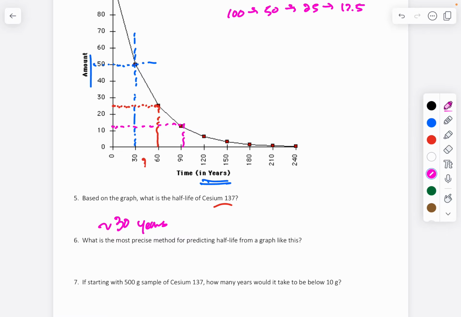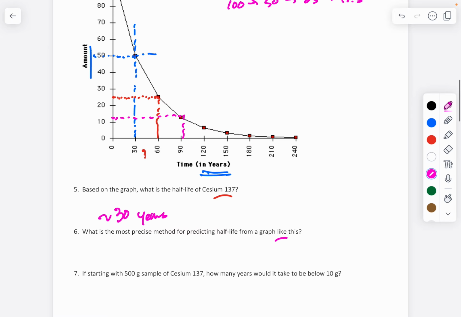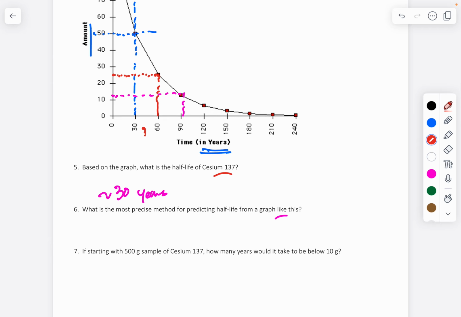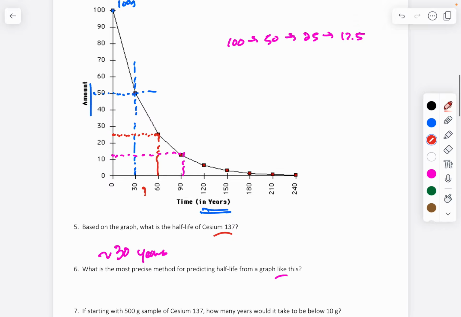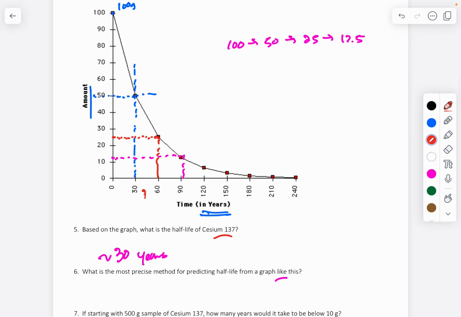What is the most precise method for predicting half-life from a graph like this? The most precise way is to calculate it. So we have to count the cycles. Here's 1 cycle, here's 2, 3, 4, 5, 6, 7, and then 8 cycles. So we know there's 8 cycles, and we want to know the total number of years.